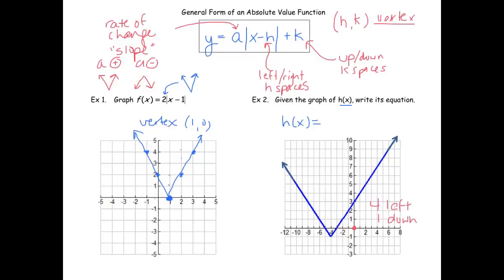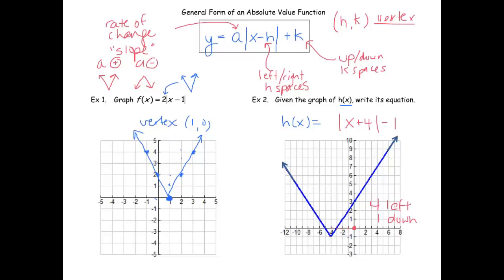Or in other words, the vertex is at (-4, -1). That's going to fill in h and k for us. So I'm going to put x plus 4 inside the absolute value, that moved it left 4, and a minus 1 on the outside to move it down 1.